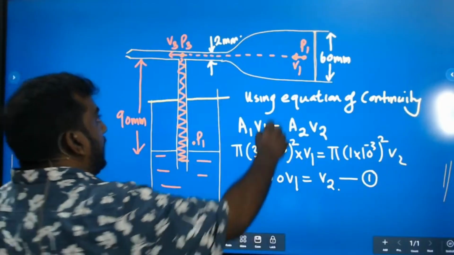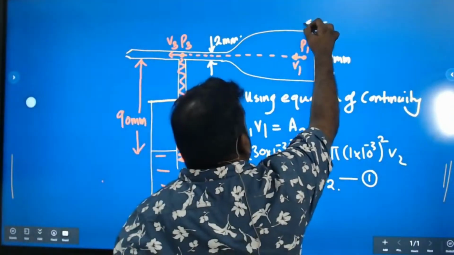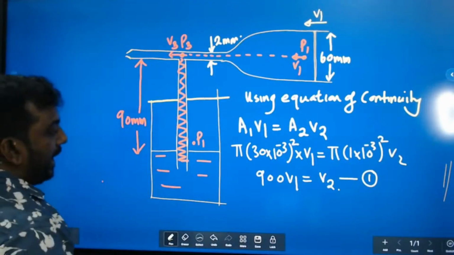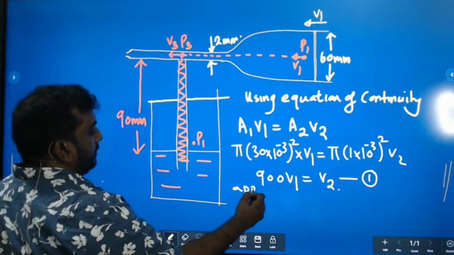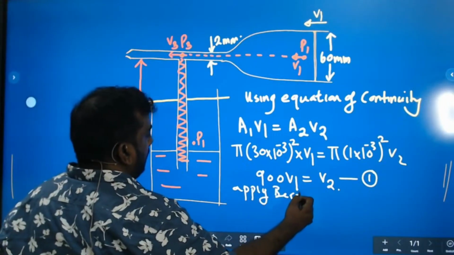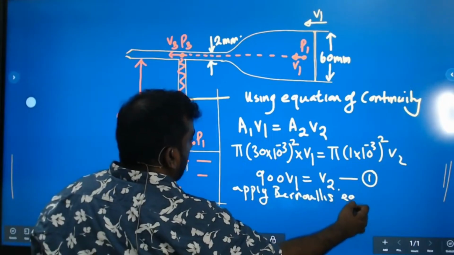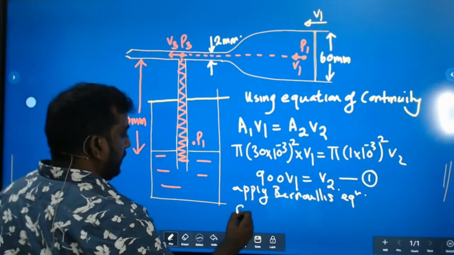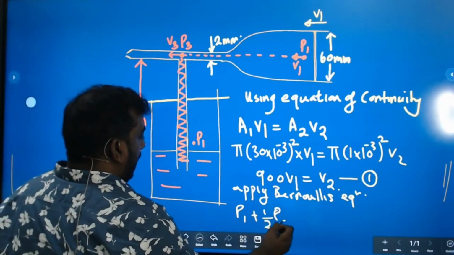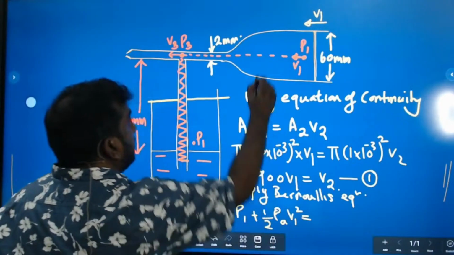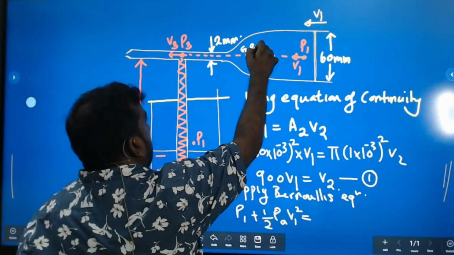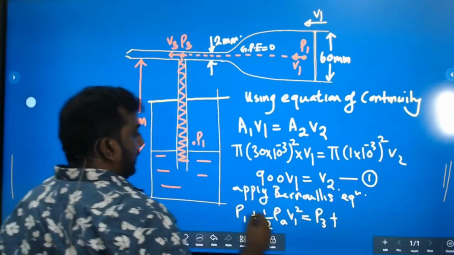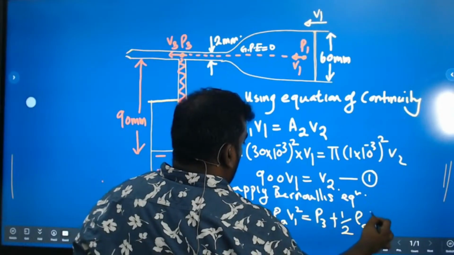Now apply Bernoulli's principle, because whatever velocity I am pushing here and the velocity there are the same. So for air I apply Bernoulli's equation. P1 plus half rho V1 squared, at the same level, I can take this as the GPE equals 0 line, equals P3 plus half rho V3 squared.